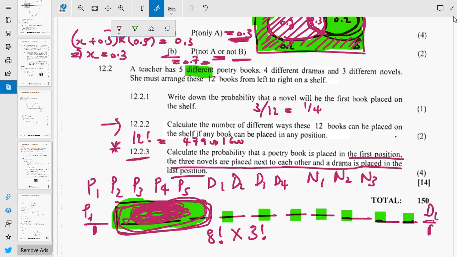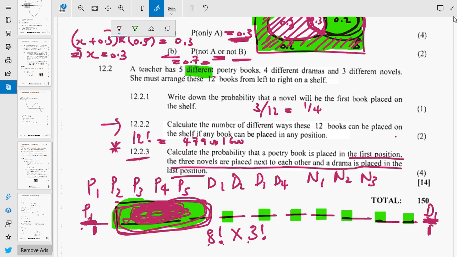Now, any poetry book can be at the beginning, right? And any drama book can be at the end. I can have P1 along with drama 1. That is going to give you 8 factorial times 3 factorial.